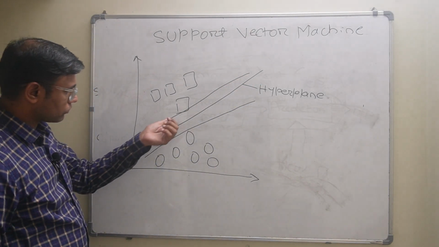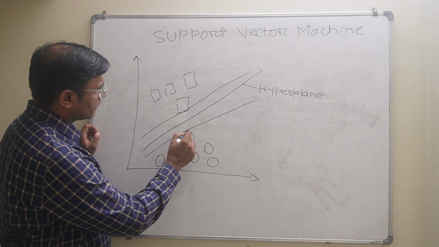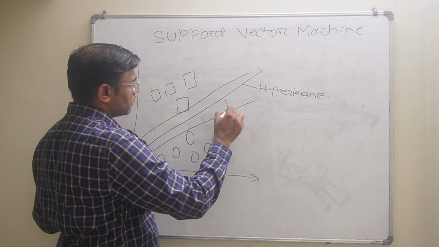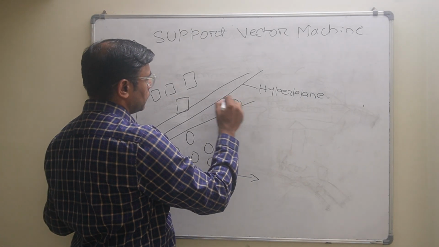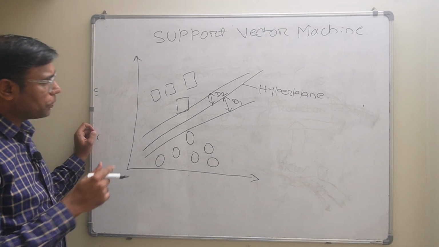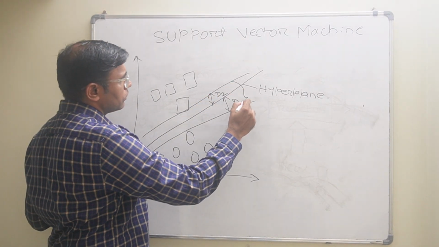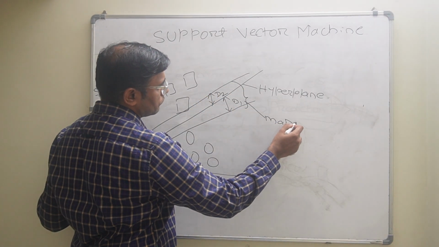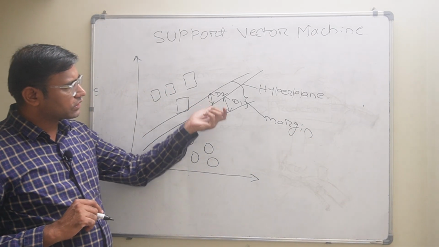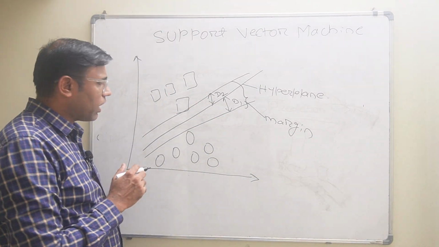So here this line is close to this point, this line is close to this point. So this is nothing but distance d1 and this is nothing but distance d2. Now if you combine distance d1 and d2, this is called the margin.